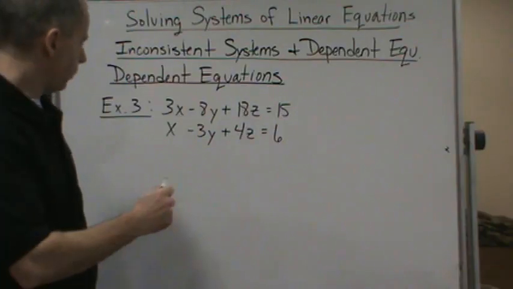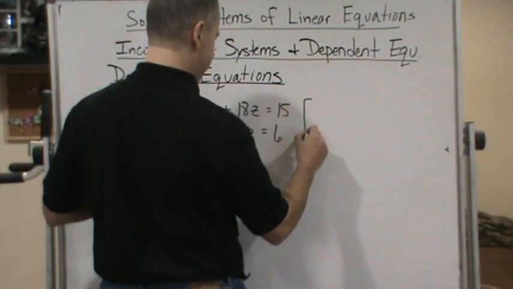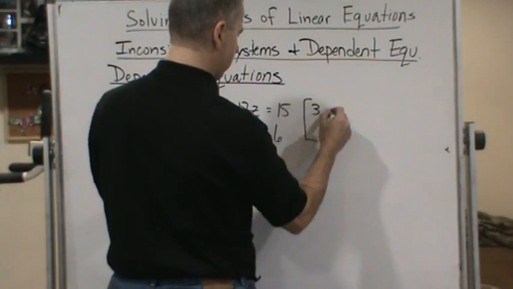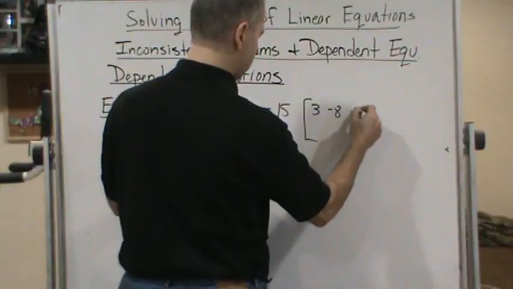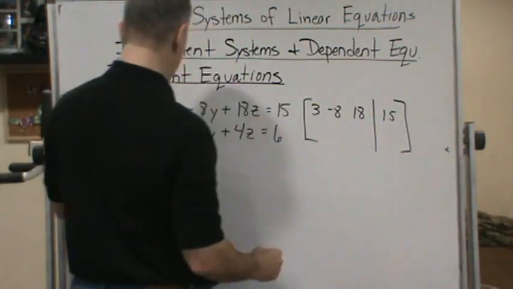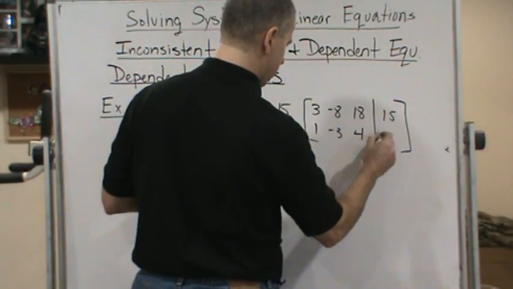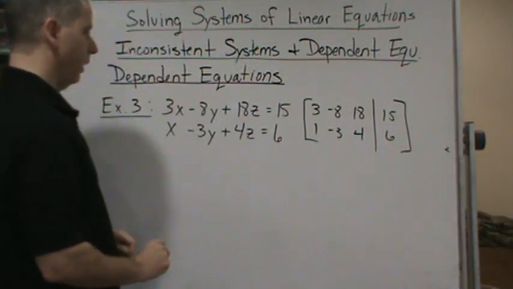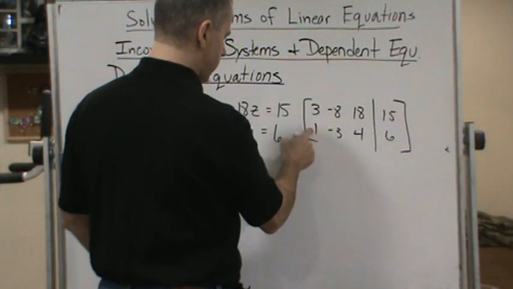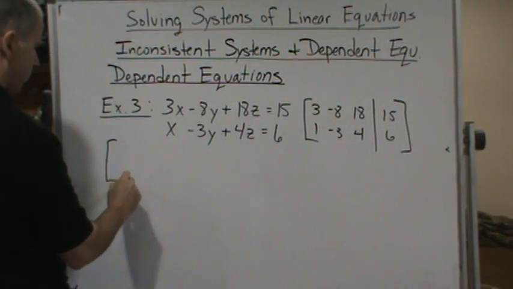okay? Okay, so anyway, let's set up the matrix. So we got 3, negative 8, 18, 15, and then we got 1, negative 3, 4, and 6. And now, let's swap these. So we have the 1 in the leading position here, so we're going to swap these two.